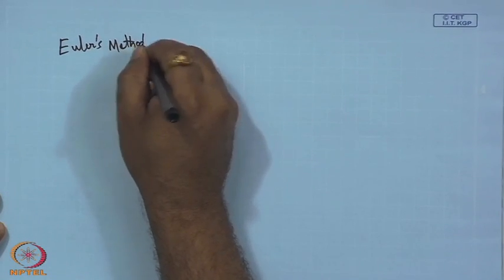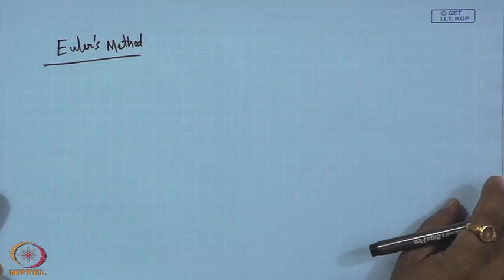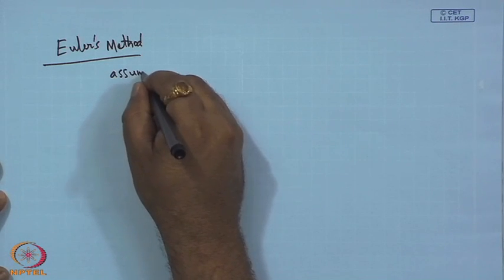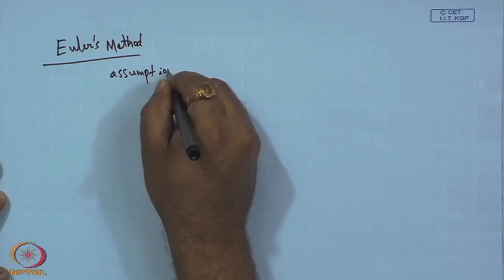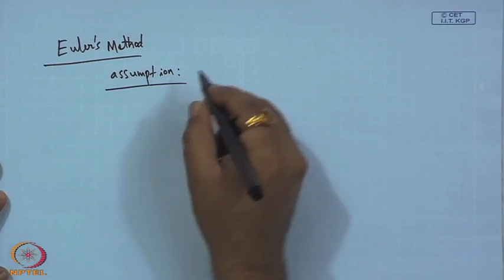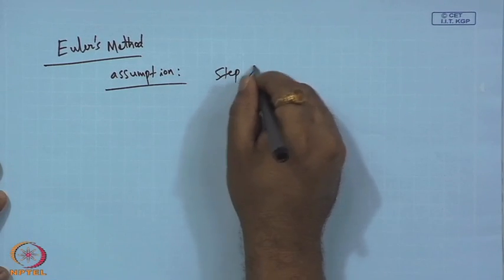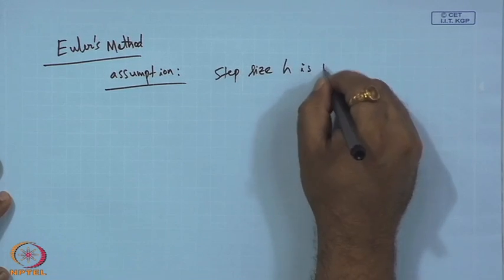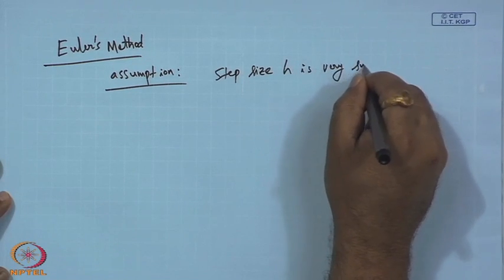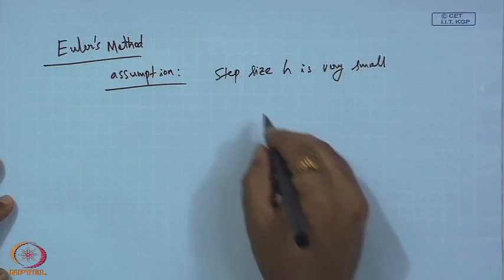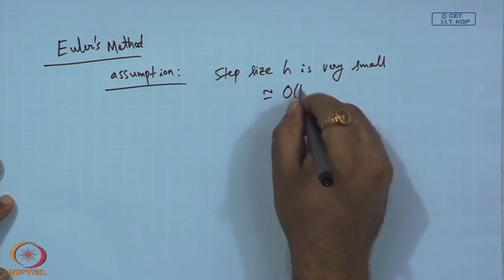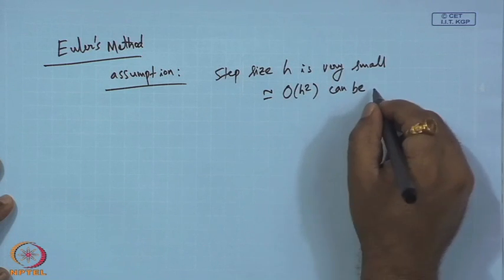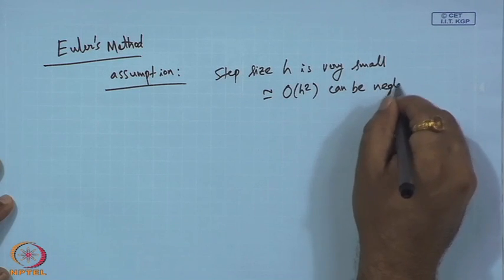This is the Euler method. What is the assumption? The assumption is that the step size h is very small, meaning order of h square can be neglected.